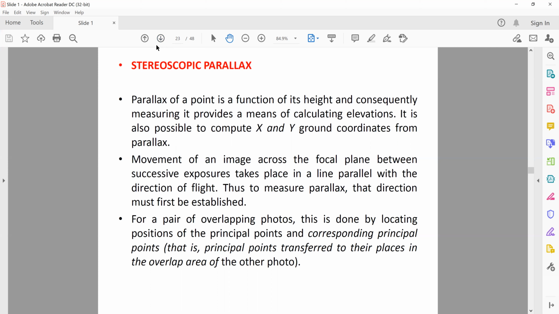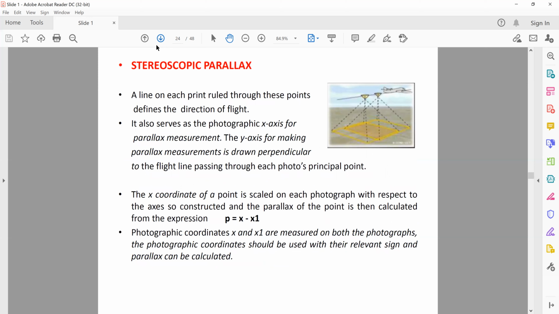For that you need overlapping photos. In overlapping photos, the same object should be visible in the two photos, and the same reference should be visible. If you've taken a certain xy coordinate at a certain origin, that should be visible in both pictures. So this is how it's done: in the same line of direction of the flight, two pictures are taken at different times, and the distance moved by the plane is noted.